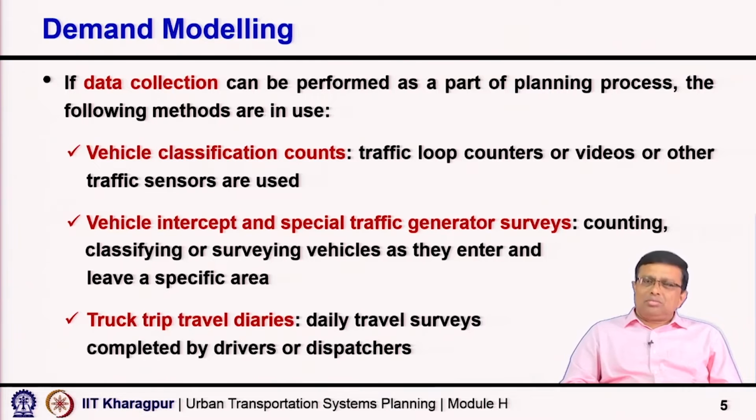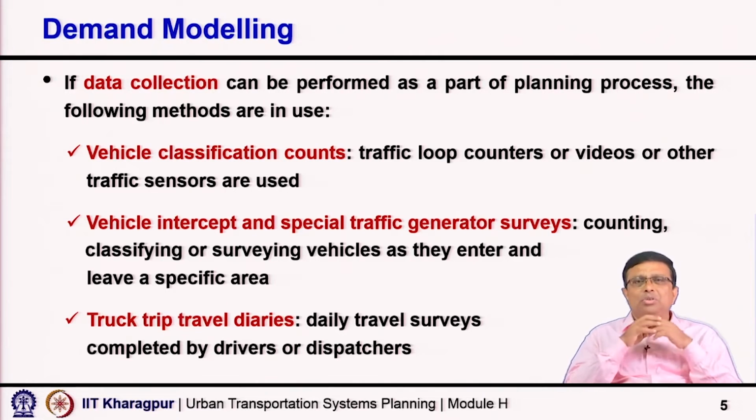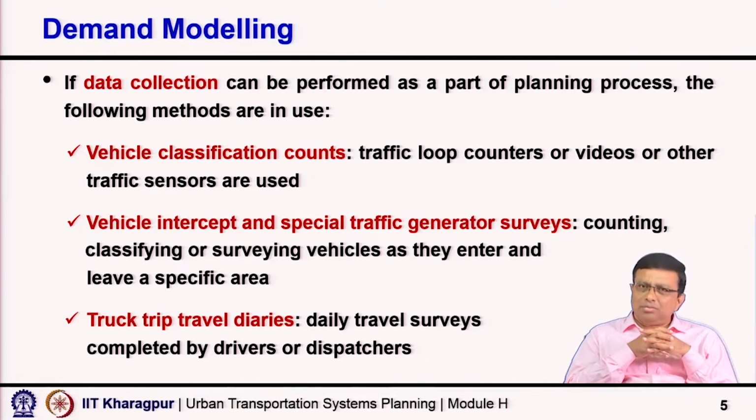Now, if we have to collect data for demand modeling in the trip generation context and try to understand the overall freight movement, what is really happening now, that can be done using the following methods. First may be vehicle classification count.